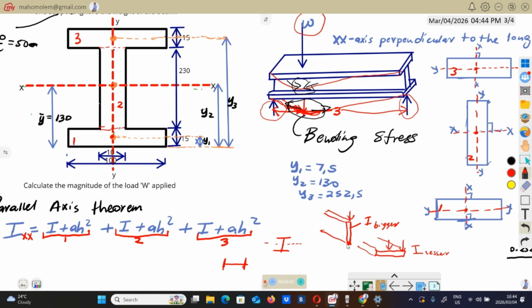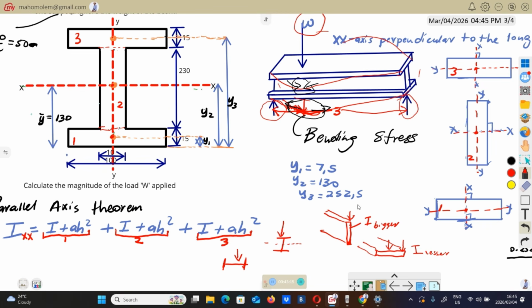The same way with this ruler, we'll place it like this and then turn it like this. We're going to do the same thing here with this profile. You position it like this, and then you calculate I. You turn it like this, then you calculate I. But for now, we're going to position it like this.